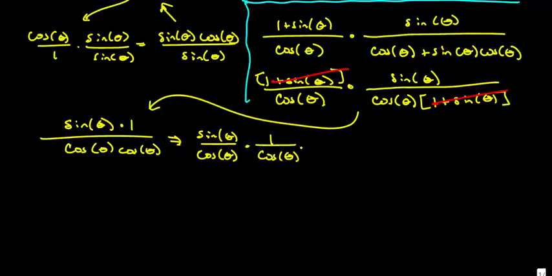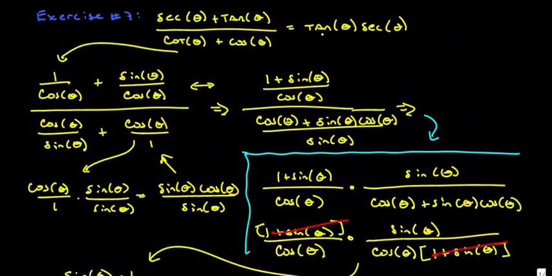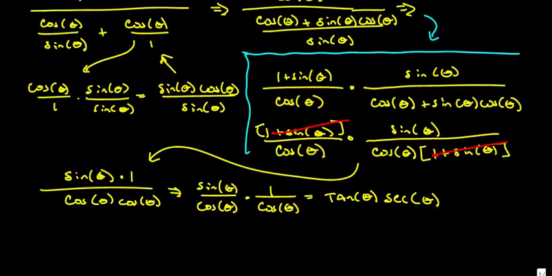And this is going to get me there, because sine over cosine is tangent, and 1 over cosine is secant. So there I've got my tangent times my secant. It takes practice, lots and lots of practice.